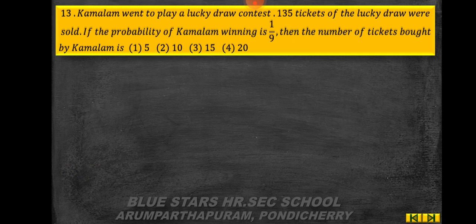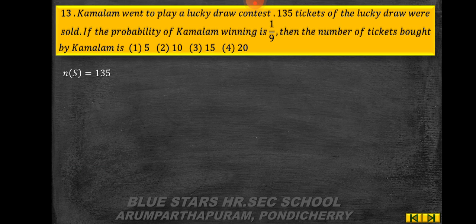Question number 13. Kamalan went to play a lucky draw contest. 135 tickets of the lucky draw were sold. If the probability of Kamalan winning is 1 by 9, then the number of tickets bought by Kamalan is option 1, 5, option 2, 10, option 3, 15 and option 4 is 20.